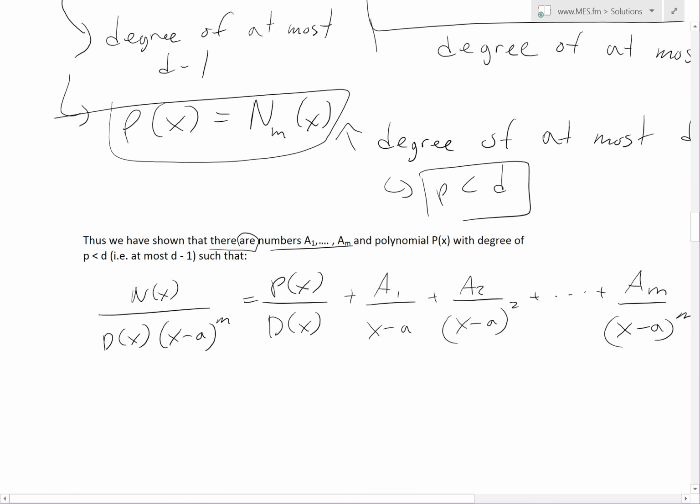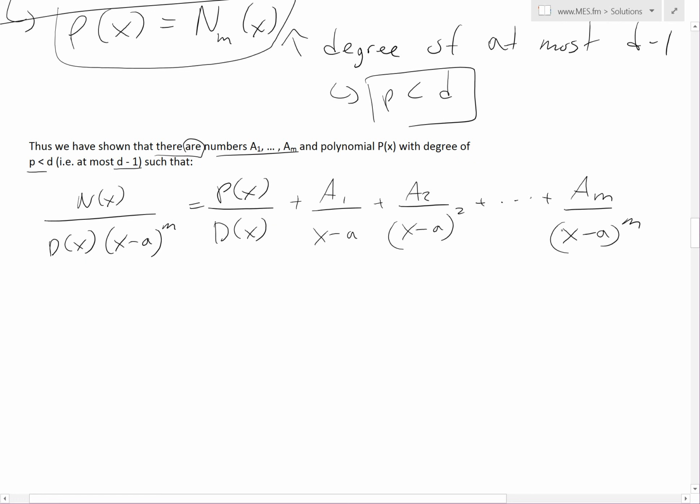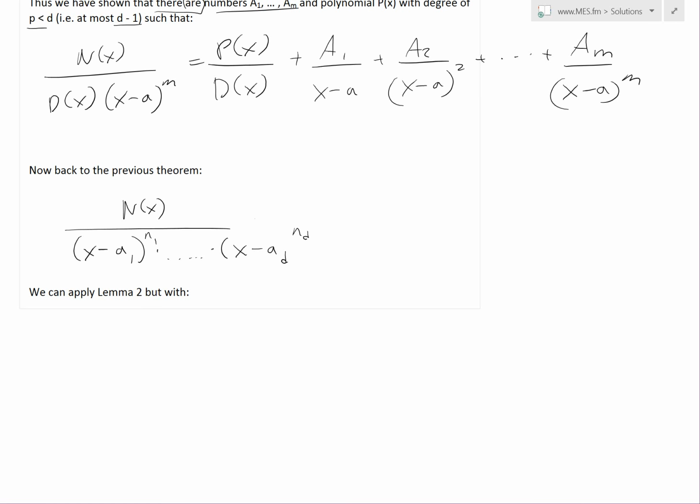So we have found that there are possible numbers a1 all the way to am, and polynomial p of x with degree of p less than d, or at most d minus 1, such that we've just proven this theorem, or lemma 2: n of x divided by d of x times x minus a to the power of m equals p of x divided by d of x, plus a1 over x minus a all the way up to am divided by x minus a to the power of m.